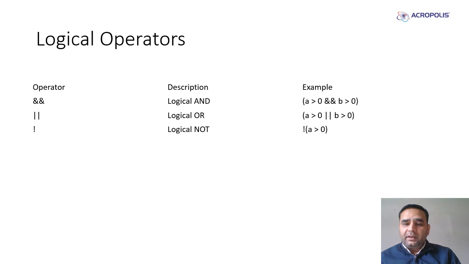The logical OR operator returns true if any of the two conditions is true. Then we have logical NOT. The NOT is used to negate, or flip, the output. If the actual output is true, it will flip it to false, and if the actual output is false, it will flip it to true.